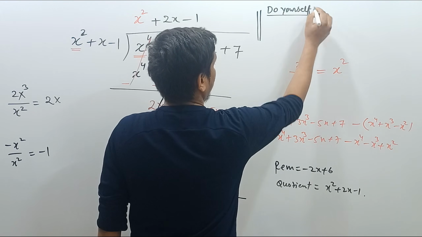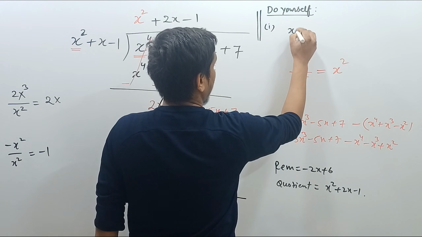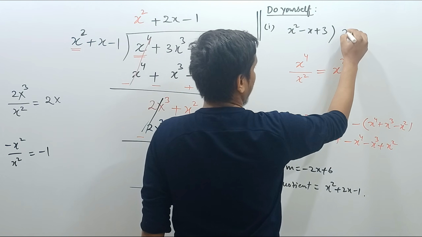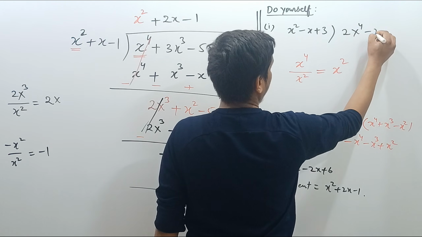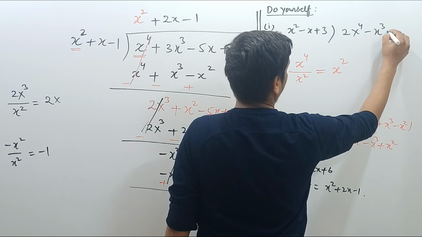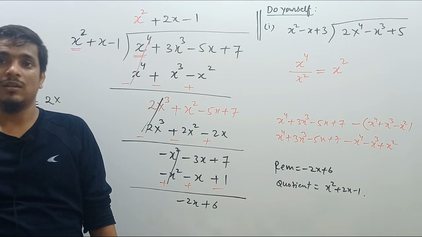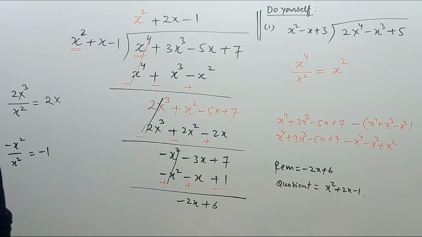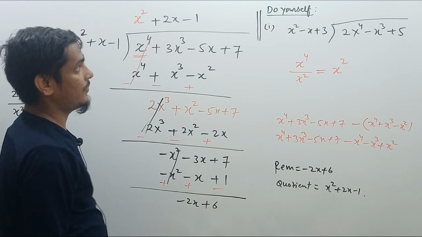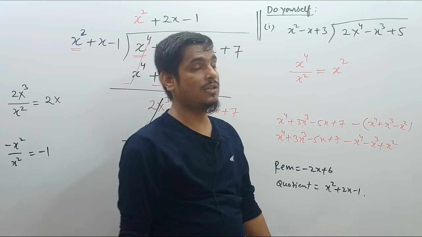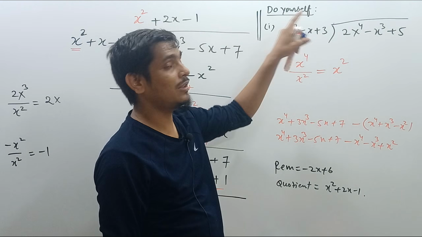The first one: find the divisor, quotient and remainder when 2x power 4 minus x cube plus 5 is divided by x square minus x plus 3.